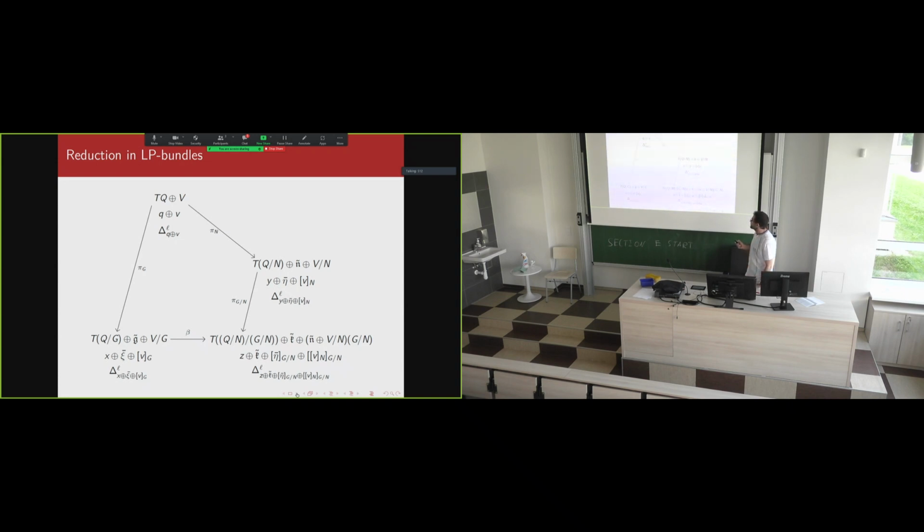Now we can do reduction for any object in the LP category, and we can show the equivalence just by saying, I can reduce by G, I can reduce by N, so these two are also equivalent, and I can reduce whichever object, so I can also reduce here, and this problem is going to be equivalent to this one. So I close the cycle, but in a different way.